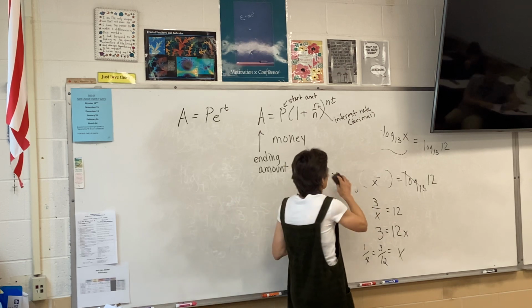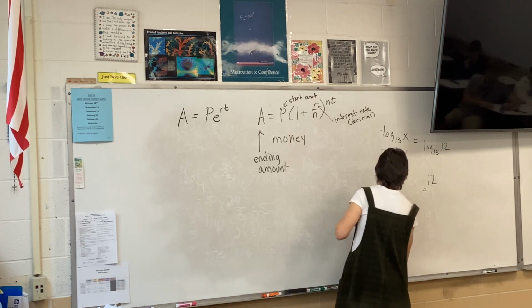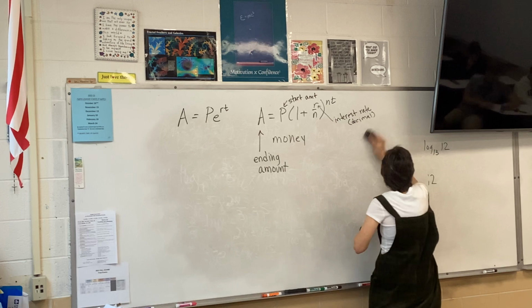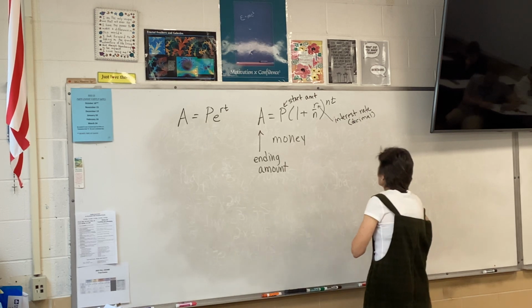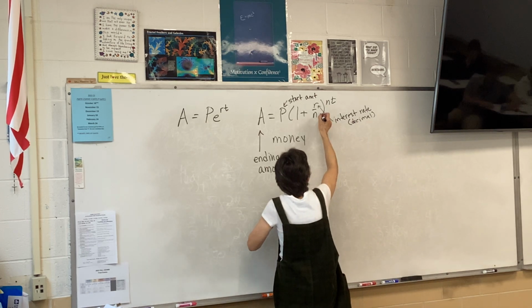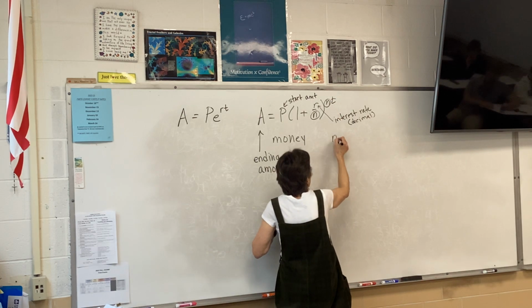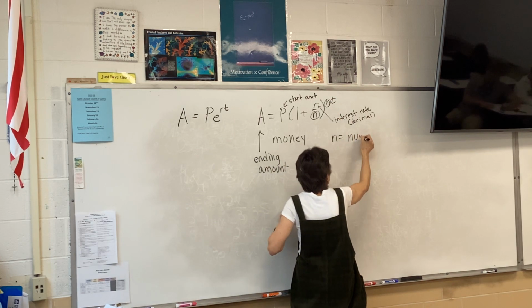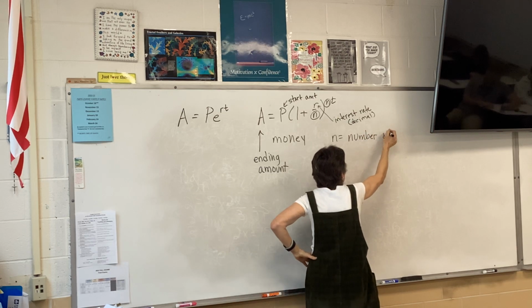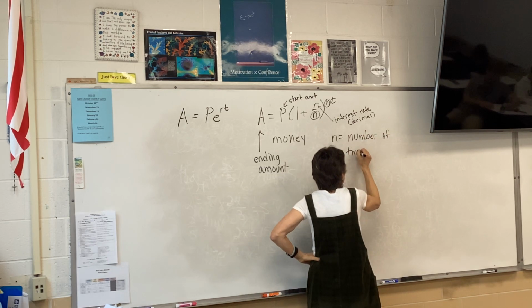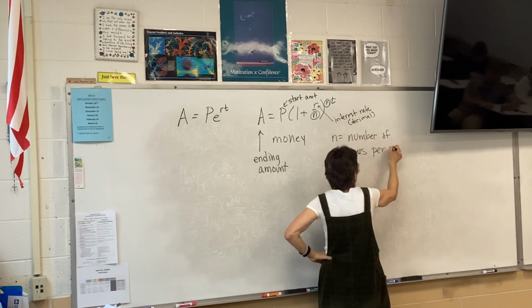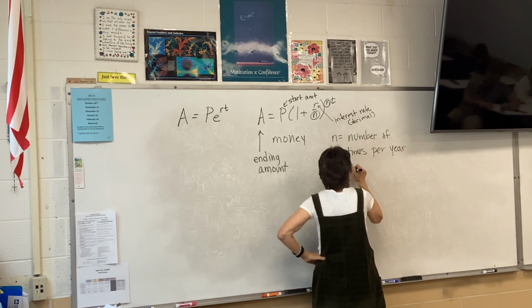Always goes in as a decimal. Now N is the tricky one. There's two N's and they stand for the same thing. N is the number of times per year that you compound your interest.